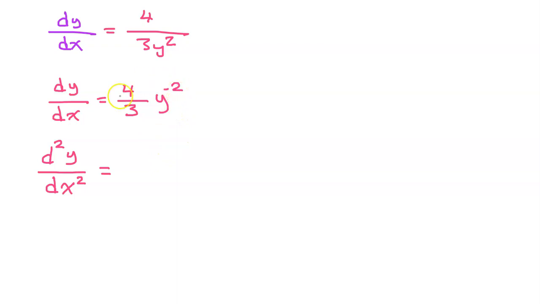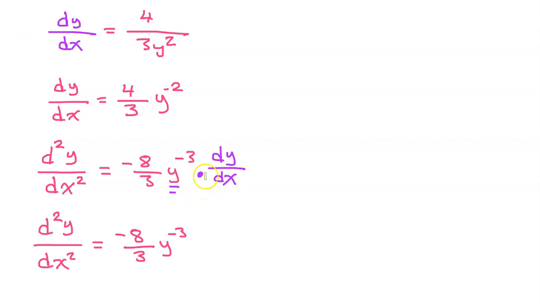So taking the derivative of the outer function, negative 2 times 4/3 will be negative 8/3. Reducing this power by 1, we have y to the negative 3 power. But then we have to multiply by the derivative of the inner function, which will simply be dy dx.